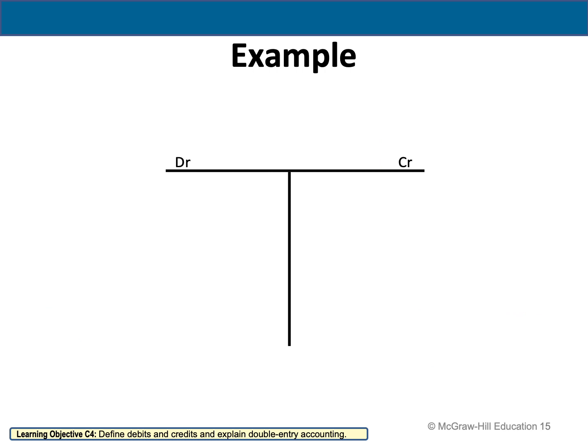Okay, now let's take an example to make sure that we understand what normal balance means for the assets, liabilities, and equity. If they told me that the company received 200 as cash, we know that cash is an asset. And now they're telling me that the company is receiving 200, which means that the cash is going to increase.